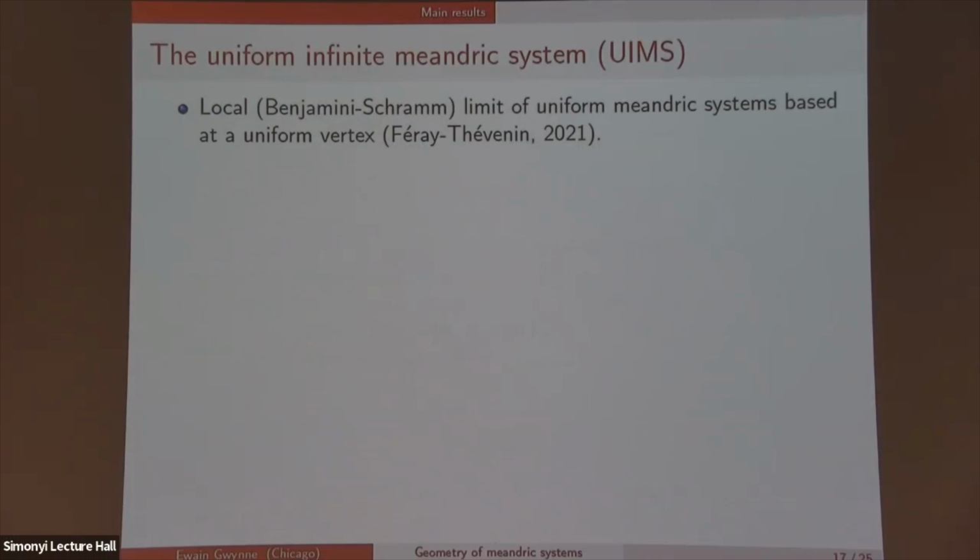So in order to introduce some of the other results that we prove, I need to introduce the infinite volume version of meandric systems, which is what's called the uniform infinite meandric system.